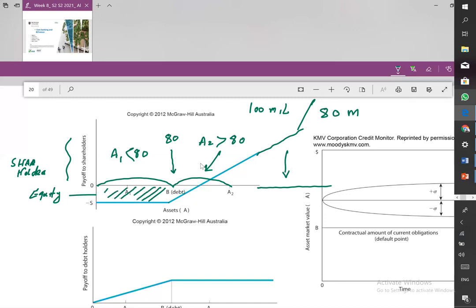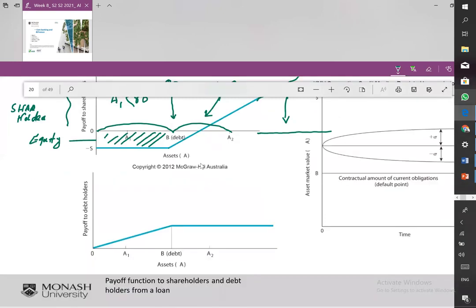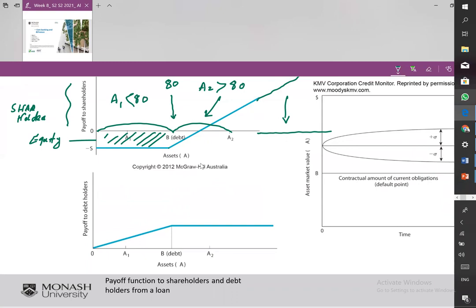Now, come see the payoff from the perspective of the bank. This is the shareholders, and this is the debt holders, the bondholders, which is the lender, in this case the bank.